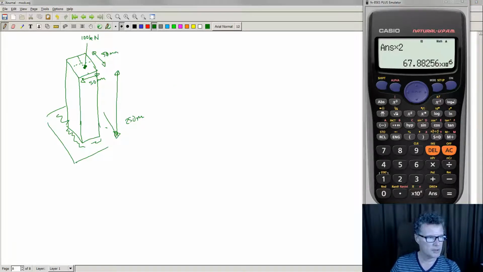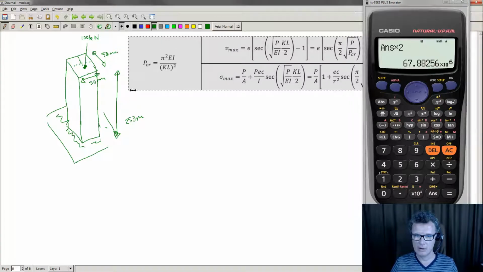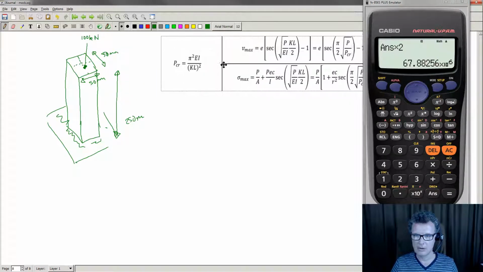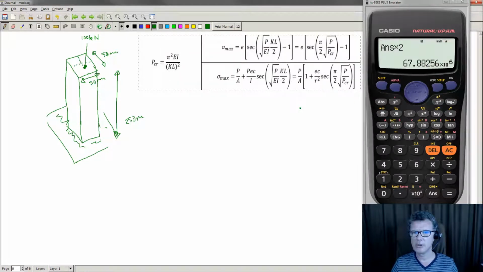So for this, we're going to need some of this stuff on the formula sheet. The question is what we're going to use.